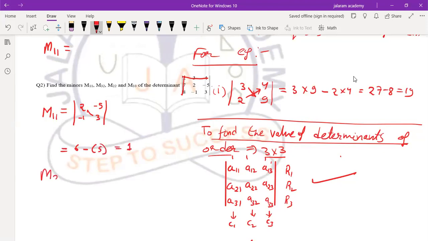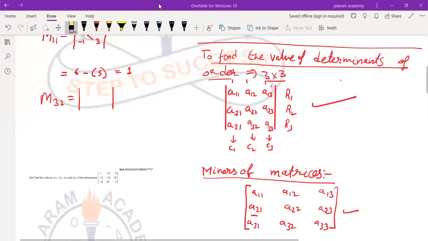Now find the value of M32 yourself. I'm giving you some time. M32 means what? Solve it. So how to find the value of minor 32?